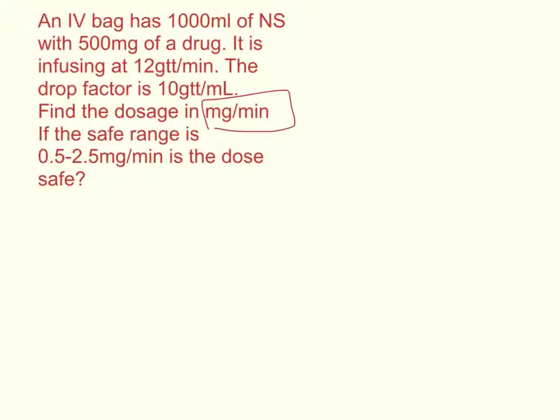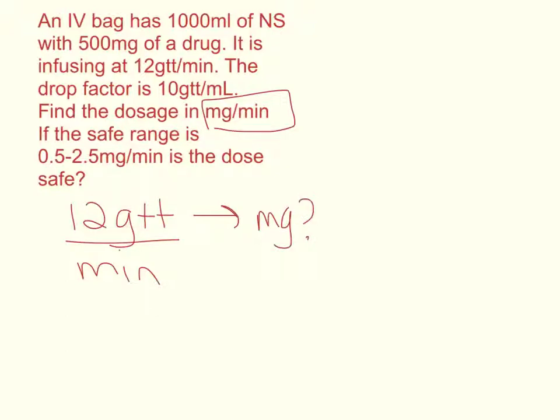The infusion rate is 12 drops per minute. And we need to get that into milligrams: exactly what is 12 drops in milligrams, and how long is that going to take? That is where our thought process is going.